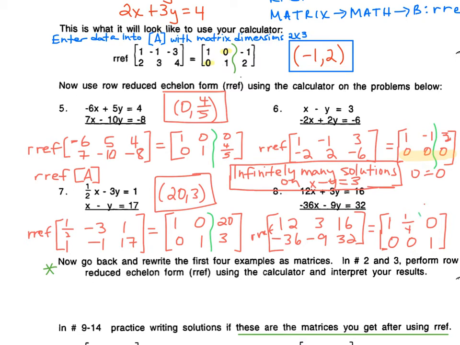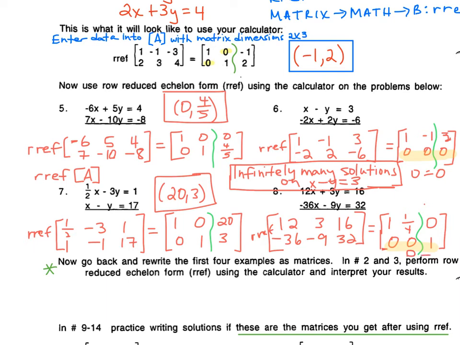All right, and again, if we interpret our result, if you notice, we do not have 1s on the diagonal and 0s everywhere else. So once again, we go to our bottom row and interpret that. It's saying 0 is equal to 1. 0x plus 0y is equal to 1.